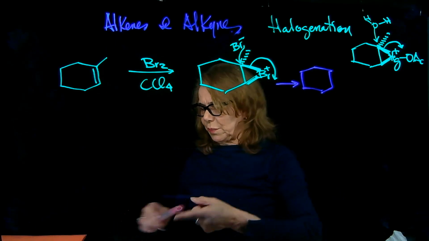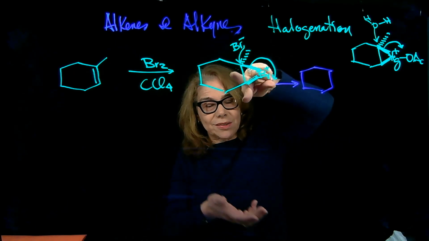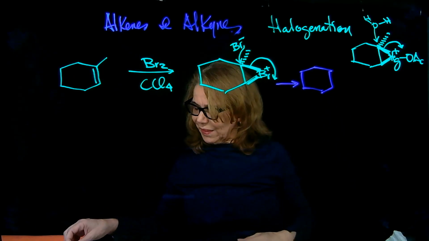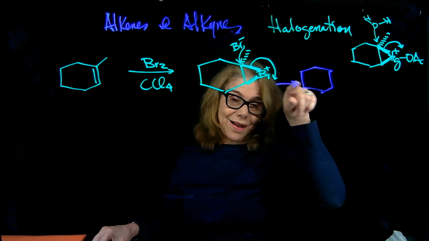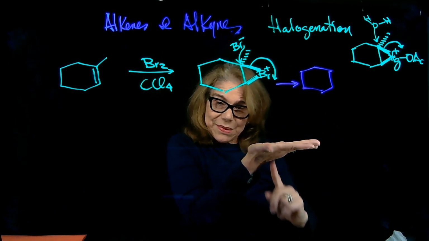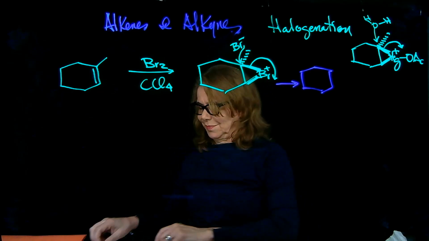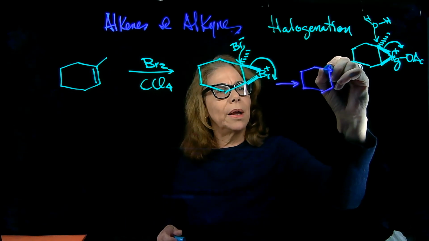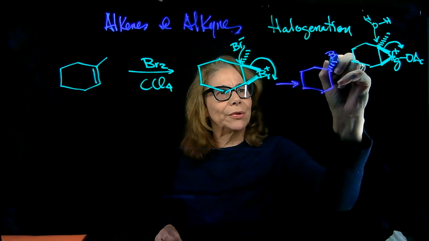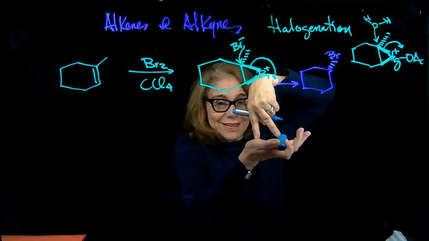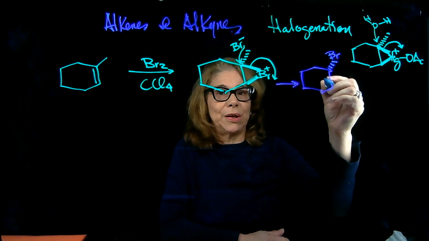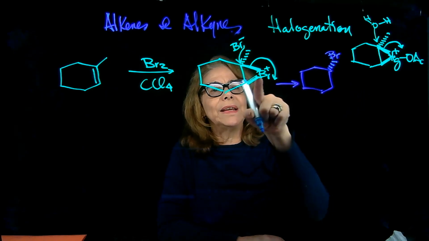So let's draw the product. If this was on the top, a wedge, then the nucleophile attacked on the opposite side, meaning it will be on a dash. So I'm going to draw my bromide here, opposite to that. If this is up, this is going to be coming from the other side, and then this will open up.